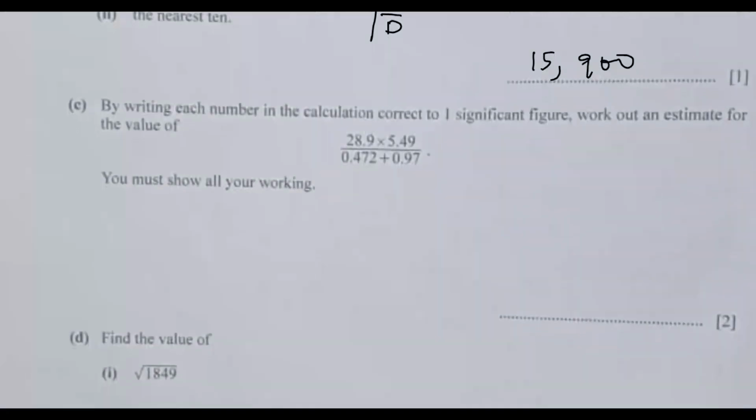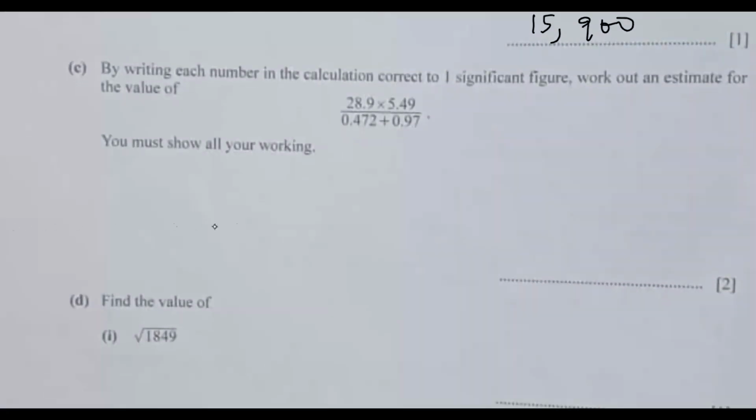Let's go to part C. By writing each number in the calculation to one significant figure, work out an estimate for the value of this. So this will be approximately 28.9 to one significant figure, that will be 30, times 5.49, which will be 5 to one significant figure, all over 0.472, which will be equal to 0.5, add 1.0.